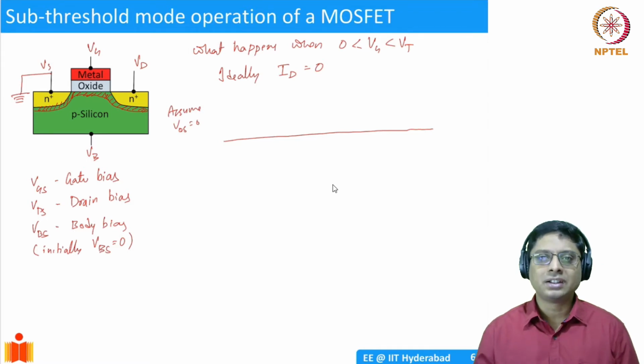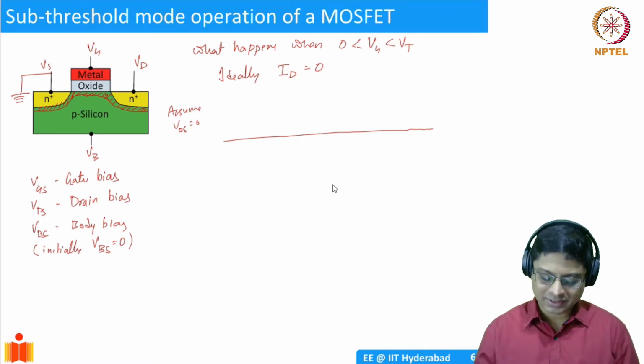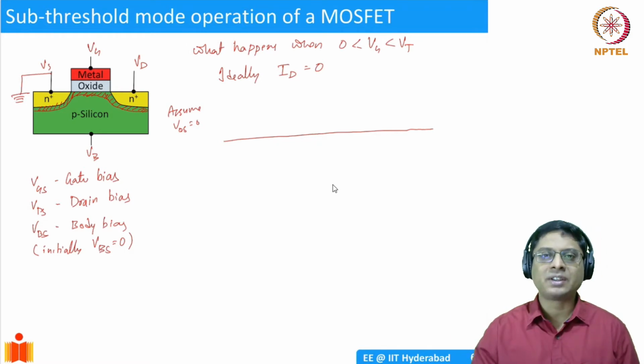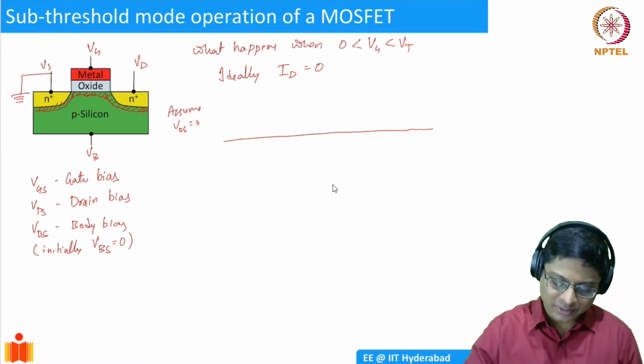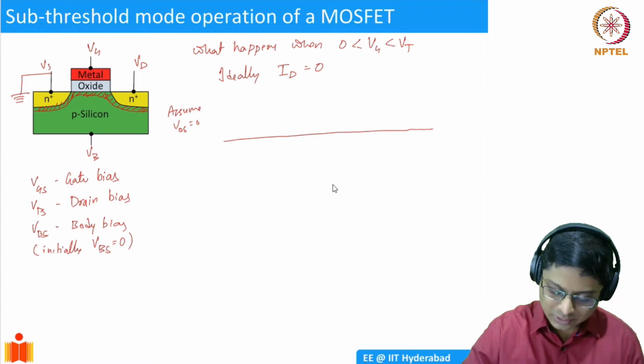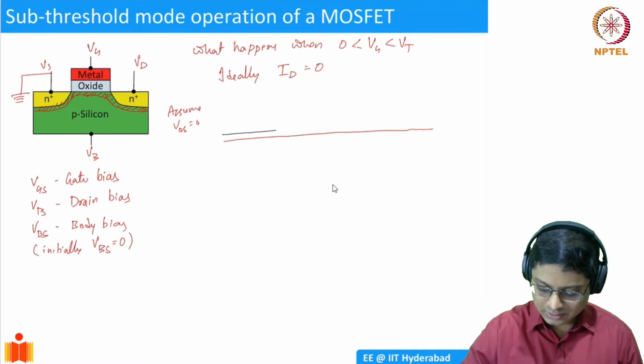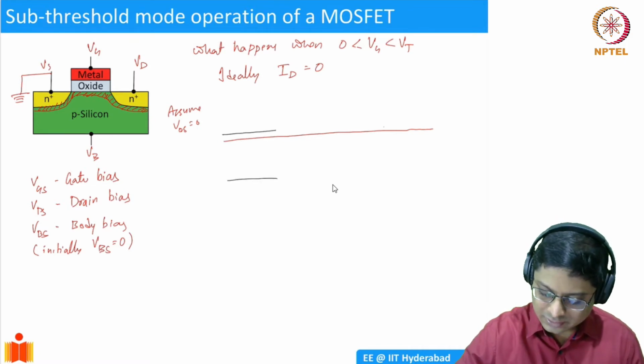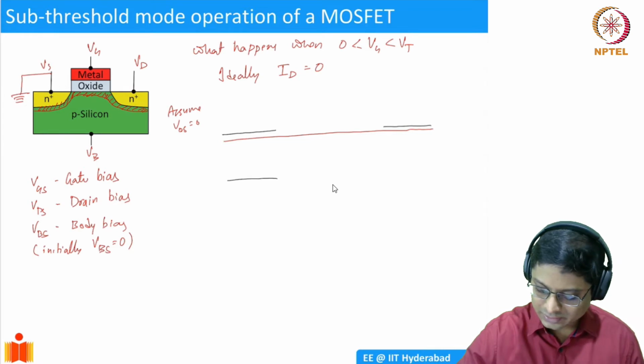The recipe for drawing the band diagram is always very similar. First draw the regions away from the junctions. Away from the junction, this is an NMOS with N plus, so it will be EC here, with some band gap. Similarly, on the other side, there's going to be another semiconductor like this.